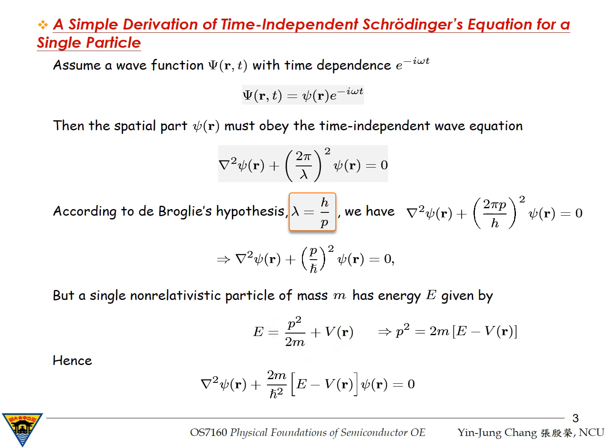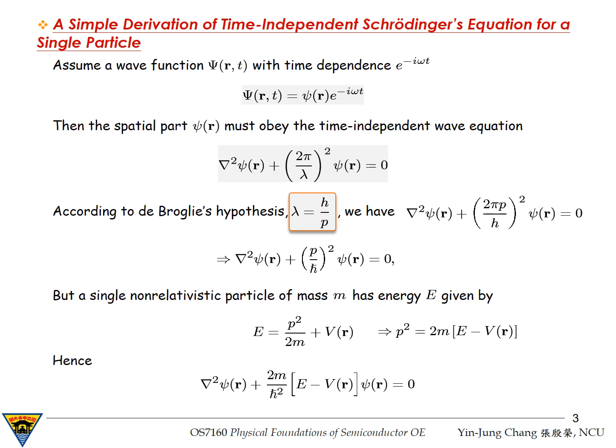We know that the first term on the right-hand side represents the kinetic energy, which is p squared divided by 2m, where m is the rest mass of the particle. And the second term, as we already mentioned, is the potential energy. Rearranging this expression, we obtain the expression for p squared as shown.